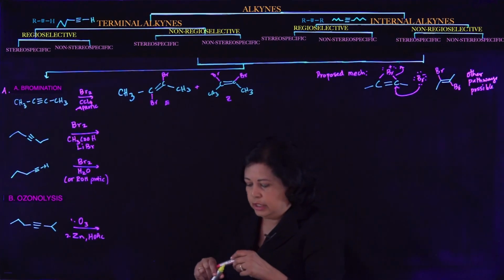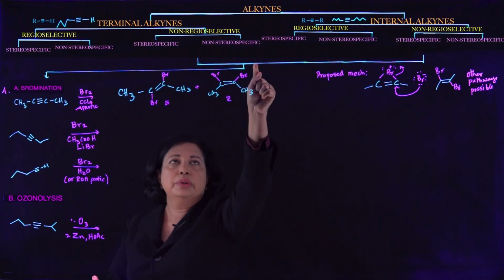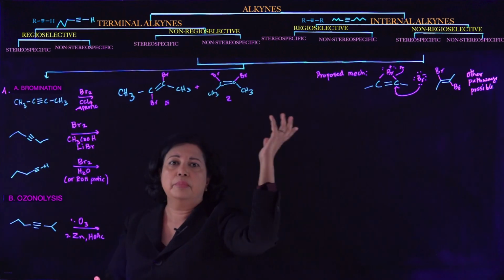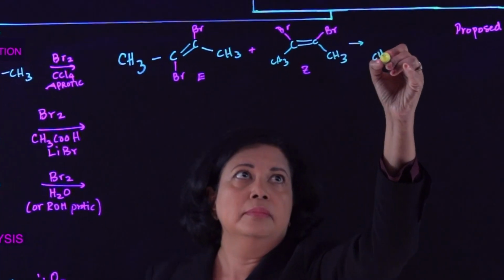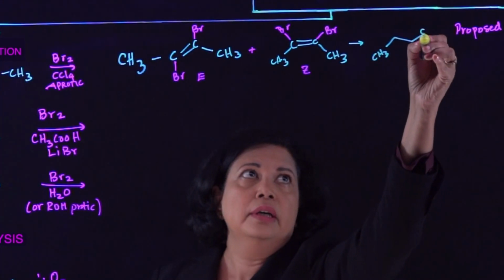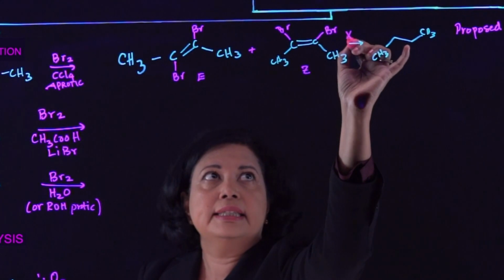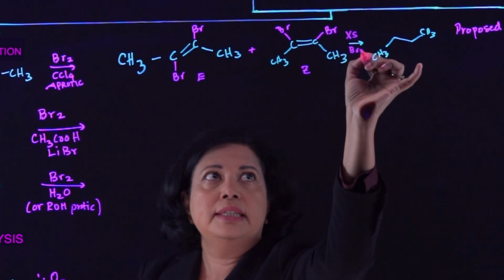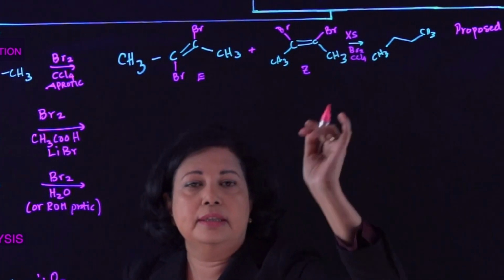What if you had excess bromine? Well, then it's going to do an addition here. You're going to pull this out. It doesn't matter here or here. They're both identical, and you would get a tetrabromo alkane. So here is your tetrabromo alkane if you had excess Br2. Now, this is in an aprotic condition like CCl4 or CH2Cl2.